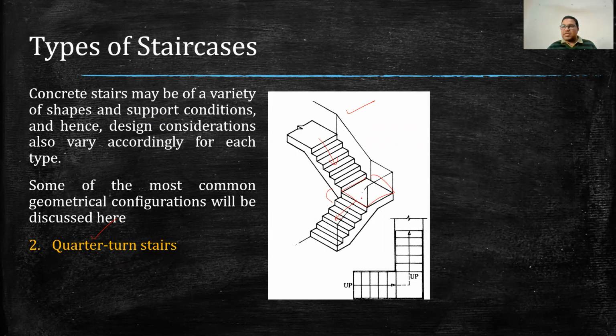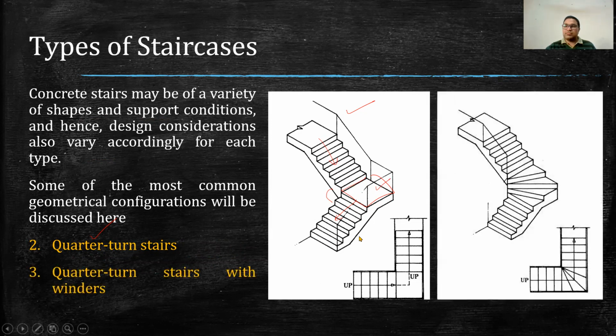Sometimes when there are height restrictions or space constraints, we provide winders in place of the landing, and they look like this. So in the same quarter turn staircase, instead of providing a landing, we provide winders.